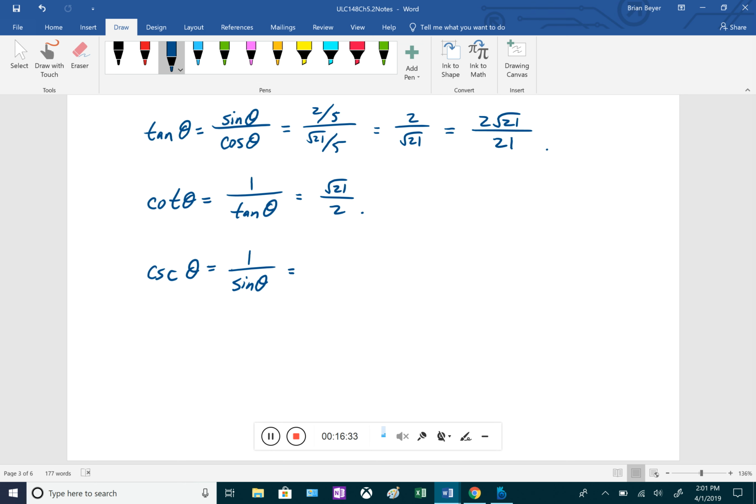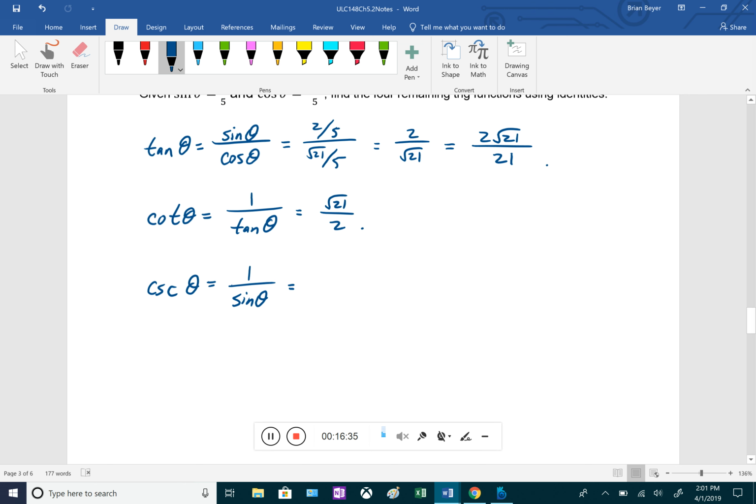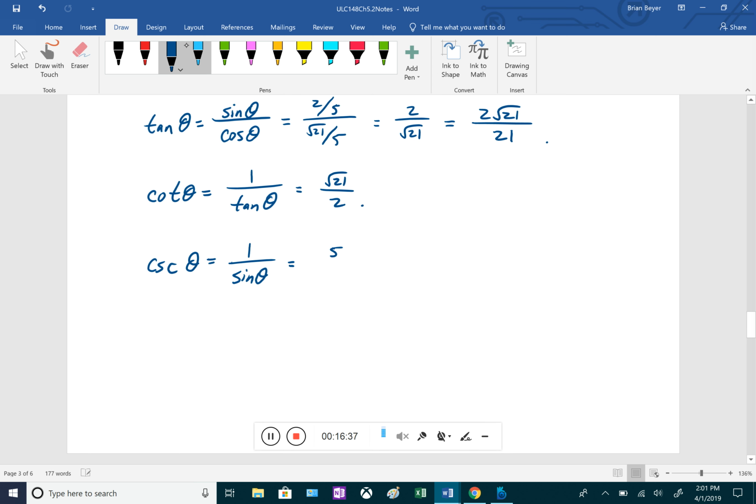So the reciprocal of sine, which is 2 over 5, is just 5 over 2. And obviously I'm not doing this the long way of saying 1 over 2/5, because that would equal 1 times 5/2, which is 5 over 2. I'm just skipping right to the reciprocal answer.